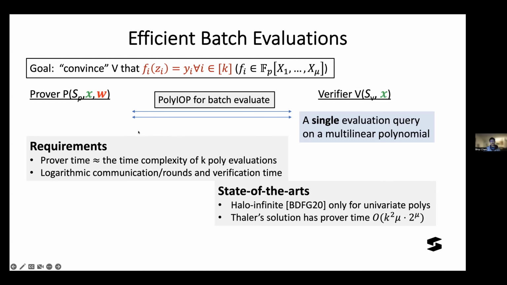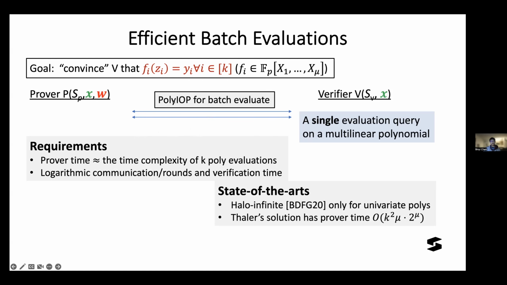However, after generalizing this approach to the setting where we have multiple points and multiple polynomials, the solution only has prover time k squared times mu times 2 to the mu, where k is the number of evaluations and mu is the number of variables in these polynomials, which is far from optimal because the complexity of evaluating k polynomials is only k times 2 to the mu.